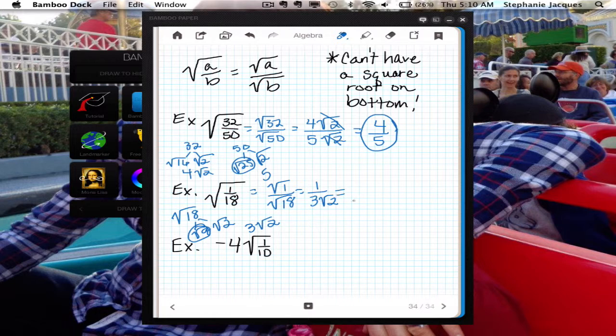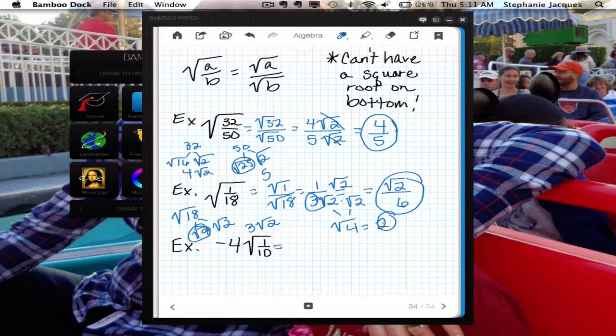So in order to get rid of that, you multiply the bottom by that same square root, and whatever you do to the bottom of a fraction, you have to do to the top. On top I have 1 times the square root of 2, which gives me the square root of 2. Then the square root of 2 times the square root of 2 gives me the square root of 4, and the square root of 4 is 2. So what's 2 times 3? 6. And we're done. We can't reduce the square root of 2 over 6, because it's under a square root. If it weren't under a square root, I could reduce it.